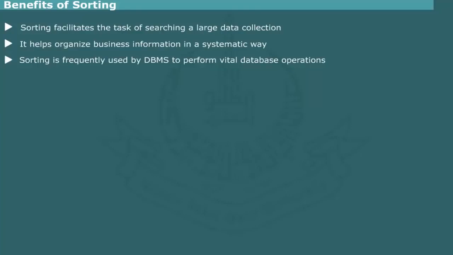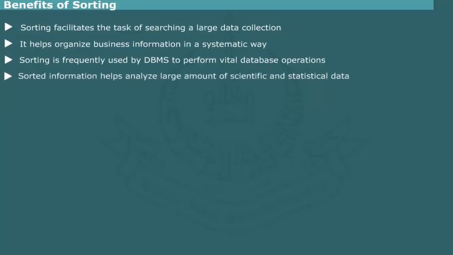Much of the power of a database management system stems from the ability to provide rapid sorting on multiple data fields. Finally, sorting helps analyze large amounts of scientific and statistical data. Sorting is also useful in recognizing patterns or identifying trends in time series. While sorting is useful, it is potentially the most time-consuming operation.